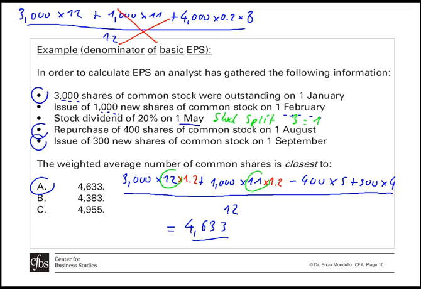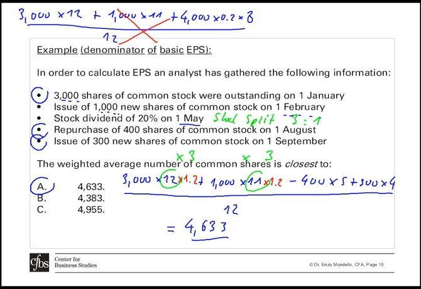And now if the stock split took place, let's say on 1st of May, then the restatement factor to be taken would be 3 instead of 1.2. So if you have 3,000 shares, after the stock split of 3-to-1 you would have 9,000 shares. And the same restatement factor then applies for the 1,000 shares purchased on 1st of February. Is it okay? That's how to account for a stock split.